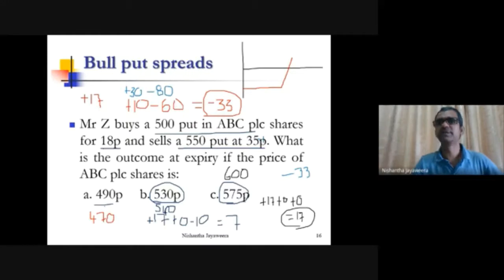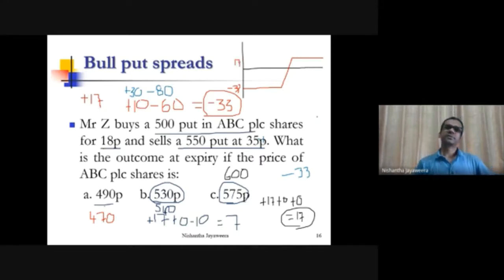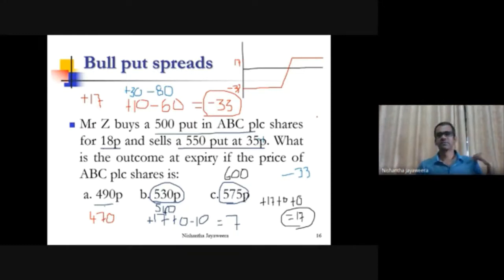After 500 it starts to increase. After 550 it goes flat, minus 33 here, plus 17 here. That's the profit diagram of this bull put spread, but the shape is the same as the bull call spread. So that's why both are bull spreads.